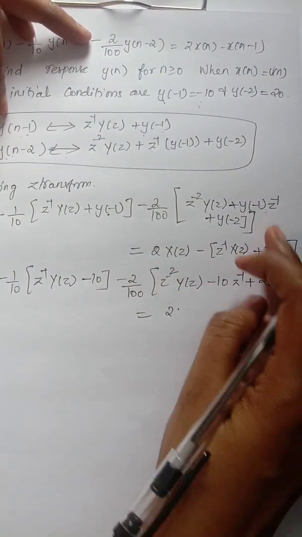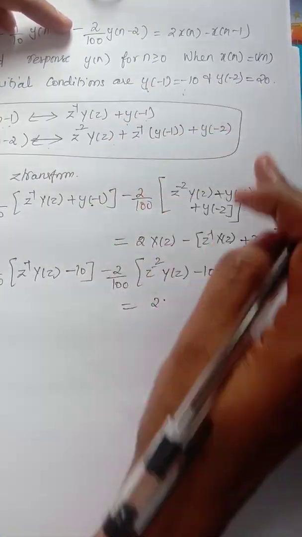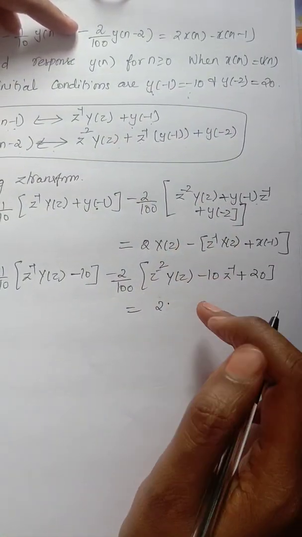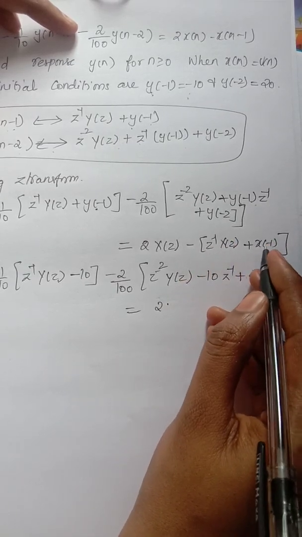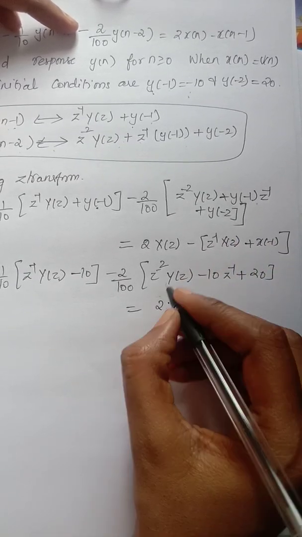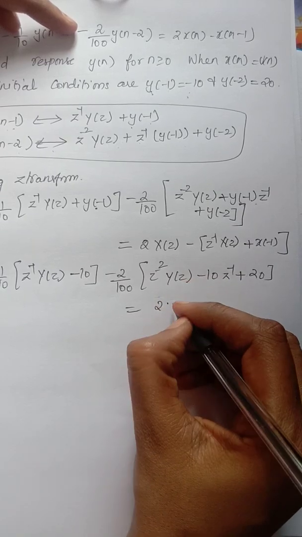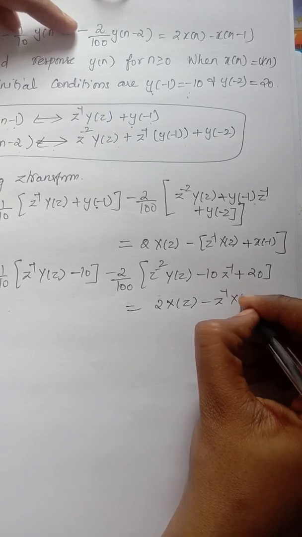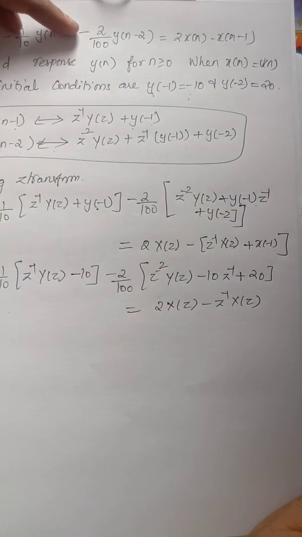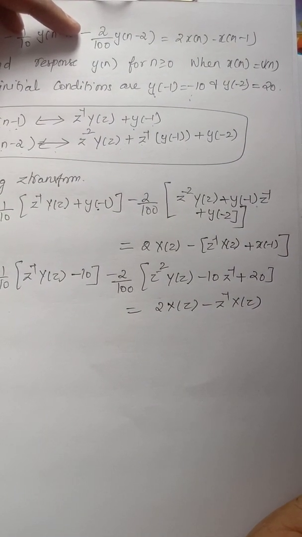So here the initial condition is only for the output, not for the input. I am not having any initial conditions for input, so directly I am applying 2 into x of z minus z inverse of x of z. Okay, so this is what the initial conditions are.